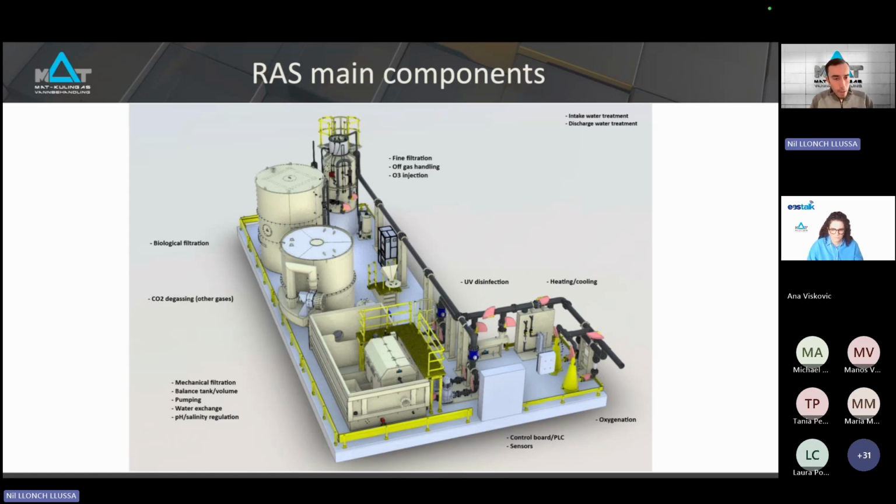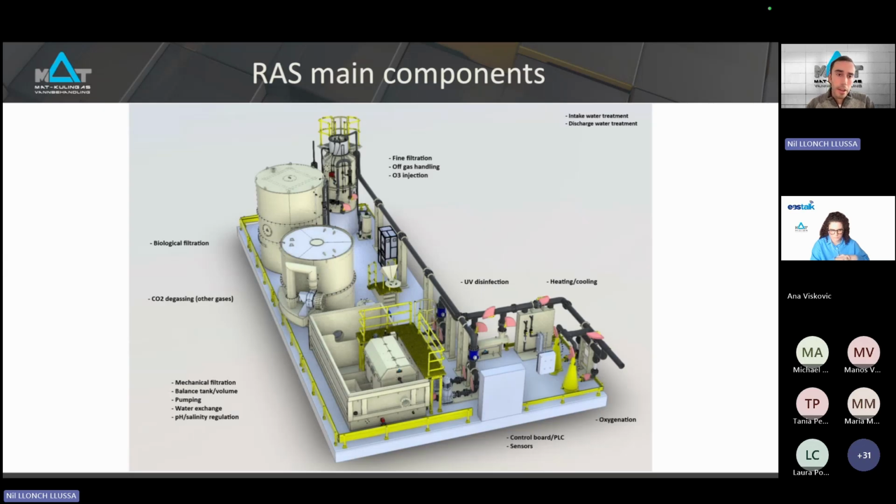However, in general, we find a mechanical filtration step. It could be a drum filter. Then you could add a fine filtration step for smaller particles. It could be a protein skimmer. Then you can also have ozone injection, which can be in the skimmer, perhaps. You have biological filtration or treatment through your biological filter.